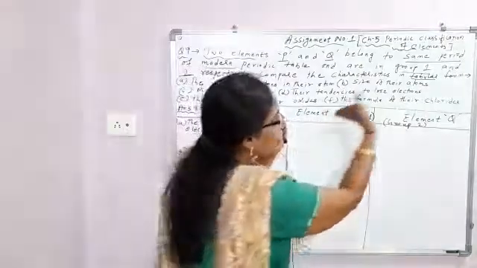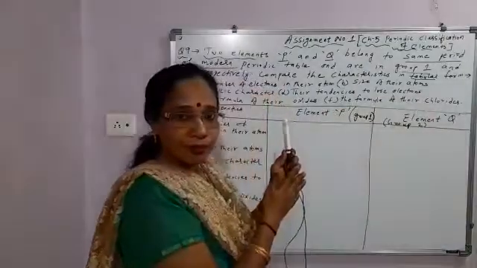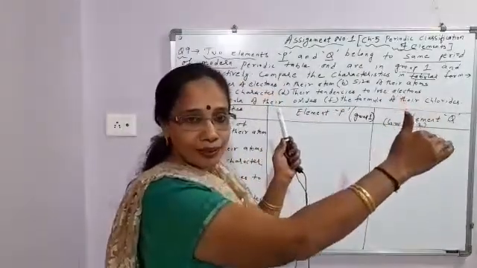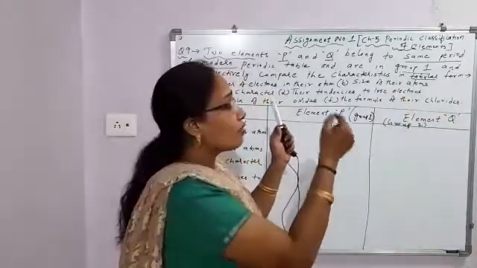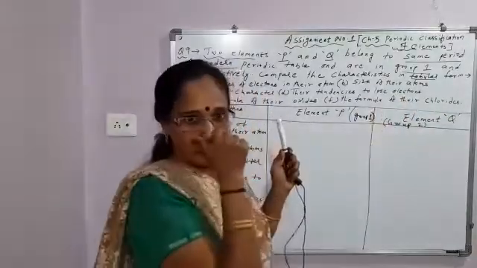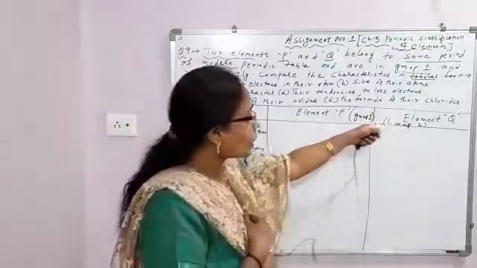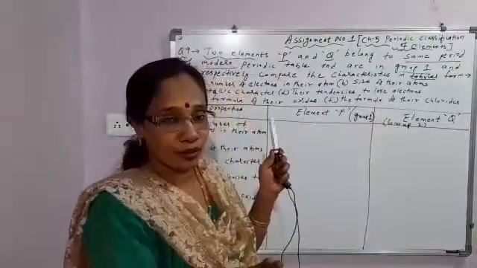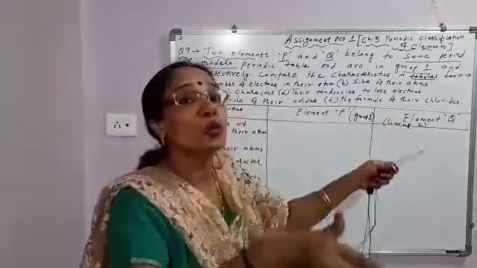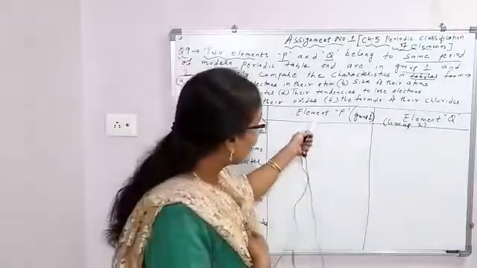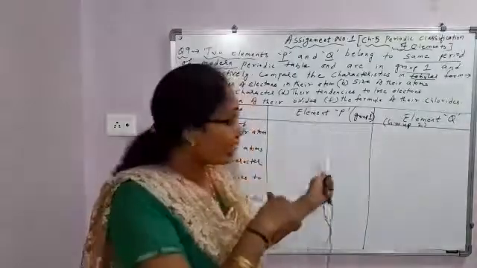As we move from left to right in a period, the number of shells will be the same, but in the outermost shell, one electron goes on increasing. So out of P and Q, which will have more electrons? Q. How many more? 1 more. So we can write element P will have 1 electron less than Q.